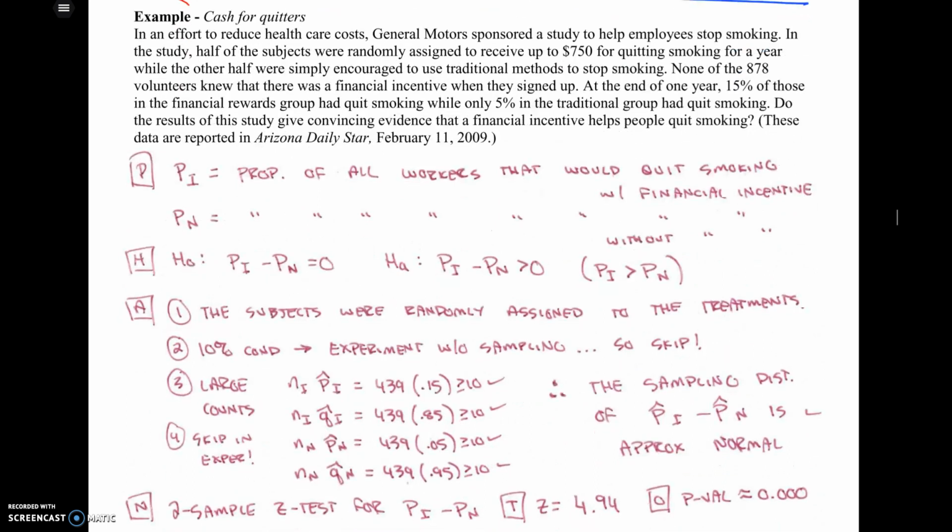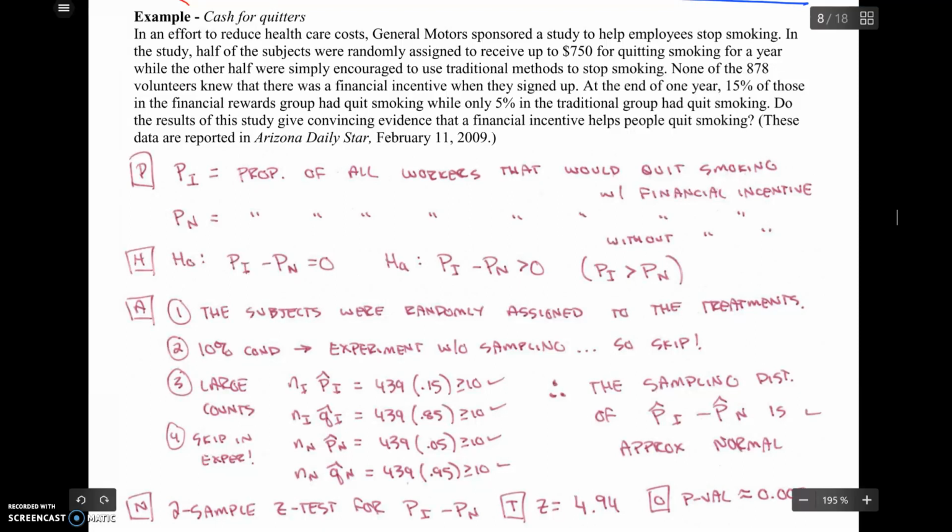Cash for quitters. In an effort to reduce healthcare costs, General Motors sponsored a study to help employees stop smoking. In the study, half the subjects were randomly assigned to receive $750 to quit smoking for a year, while the other half were simply encouraged using traditional methods. Things like, it's bad for your health, bad for your family, just those types of motivations.